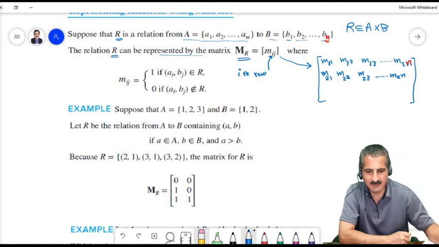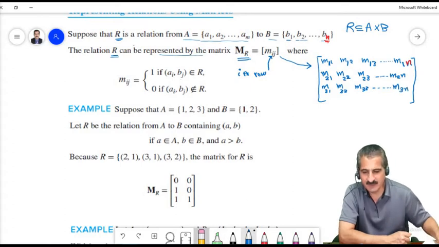If I want to make it clear, let me write more rows. So in row 3, I have the first element m31, the second element m32, the third element m33 in the third row, all the way till we reach m3n. So we have n columns. Now, if we keep going till we reach the last row, how many rows do we have?